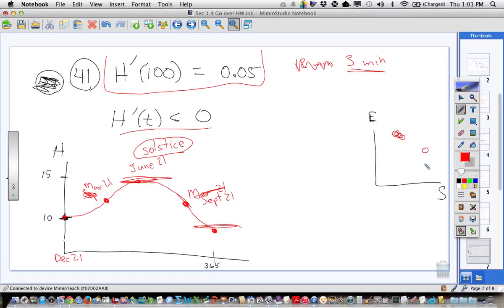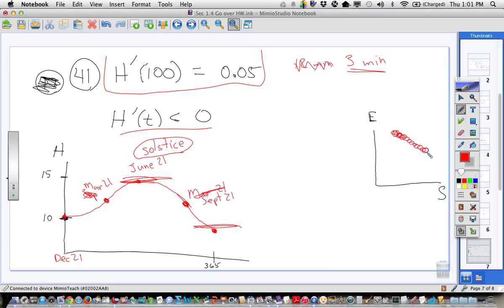Correct? So what's happening? From June, the sun is moving, and by December 21st it's here, and then what happens? It goes back the other direction, right? So this is where it gets its name. It's where the sun stands still. The sun is moving towards the southern sky, it stops, and then it starts coming back to the northern sky until June 21st.